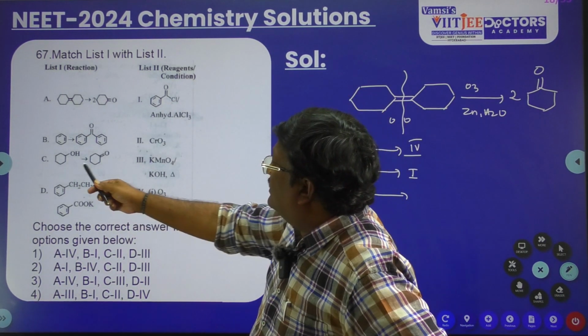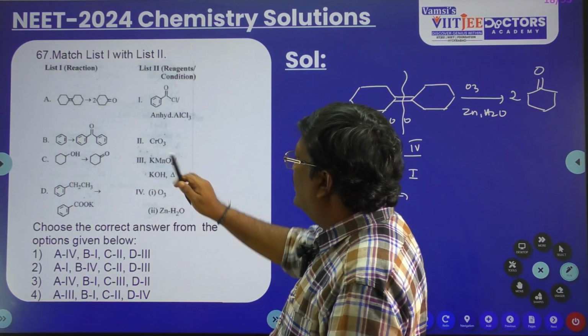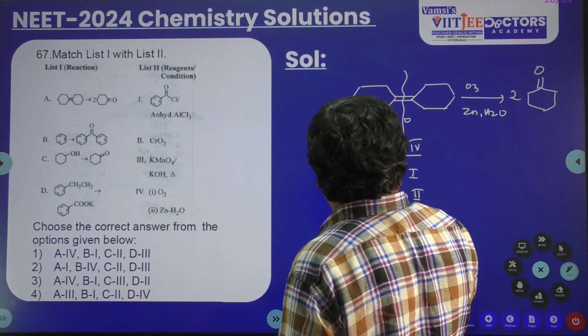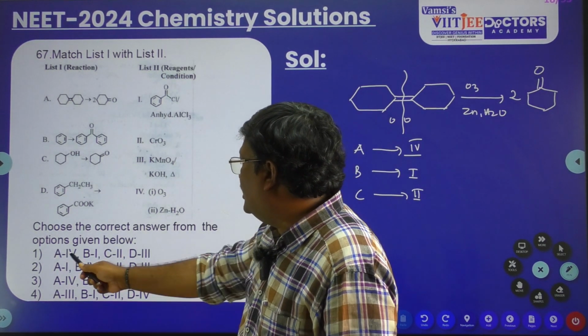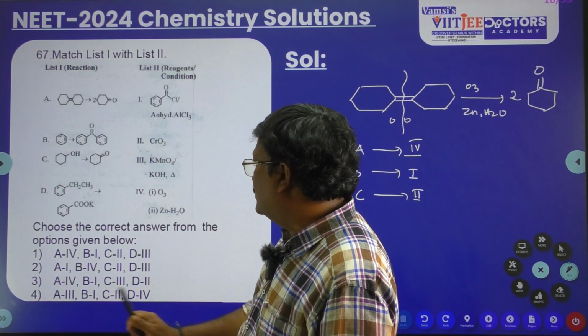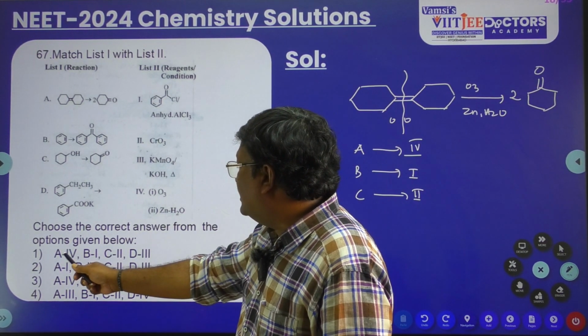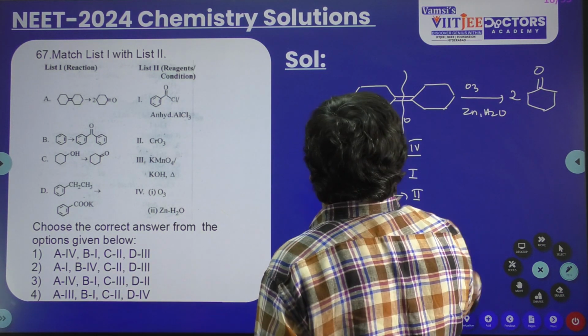What is C? Here, cyclohexanol to cyclohexanone. Here, chromic anhydride we can take. C is 2. A4, B1, C2. Here A4, B1, C3 is there, so that's why A4, B1, here C2.